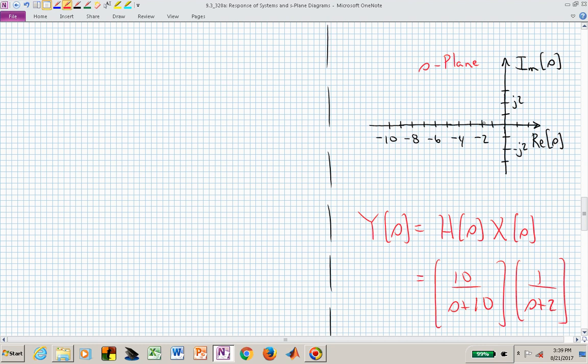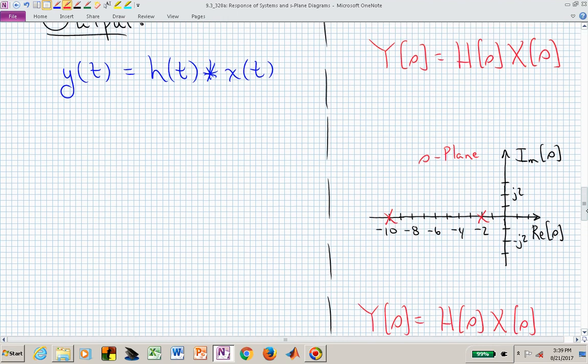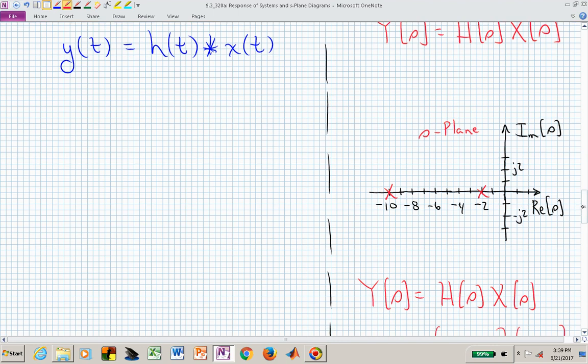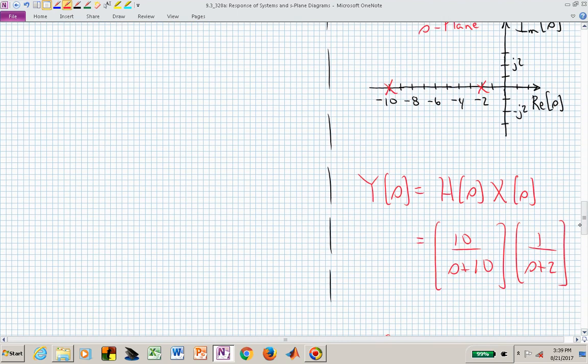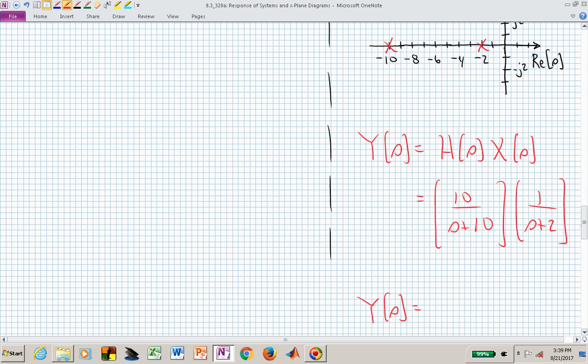We now have a pole at minus 2 and another pole at minus 10, and those two poles, one is due to the system, the pole at minus 10, the other pole is due to the input waveform, which is at minus 2. Now we have two poles, but those two poles will play together or sing in order to produce our output waveform, little y of t, and we can find little y of t by inverse Laplace transforming capital Y of s.